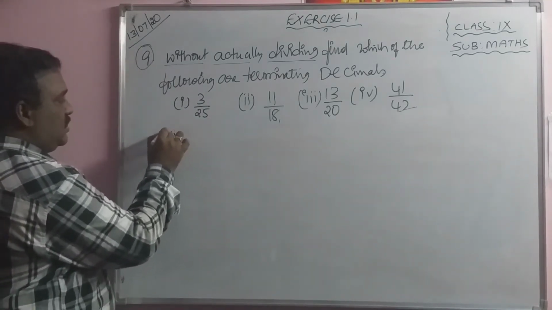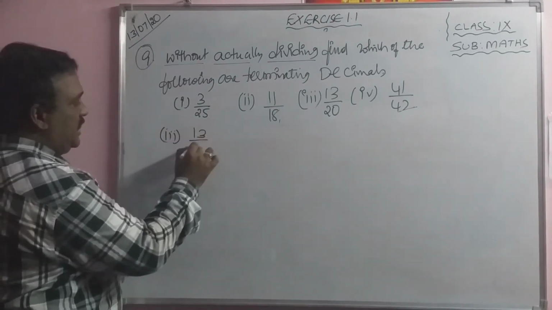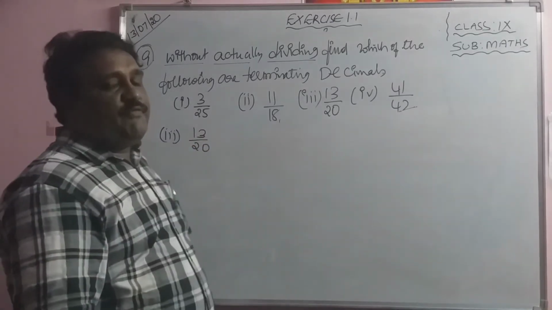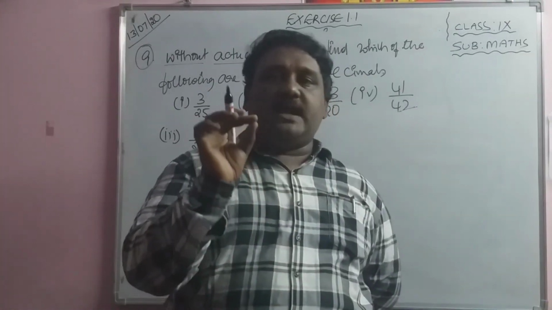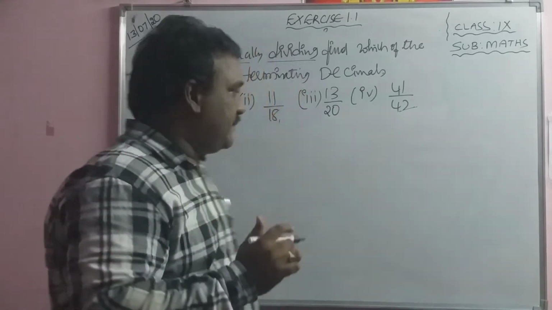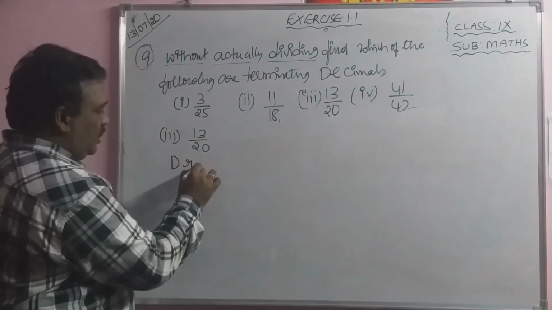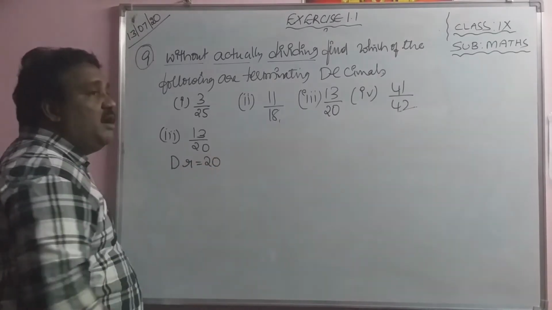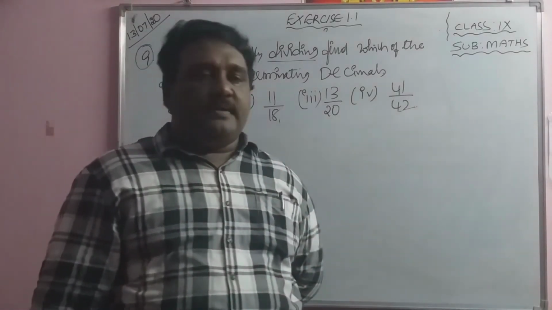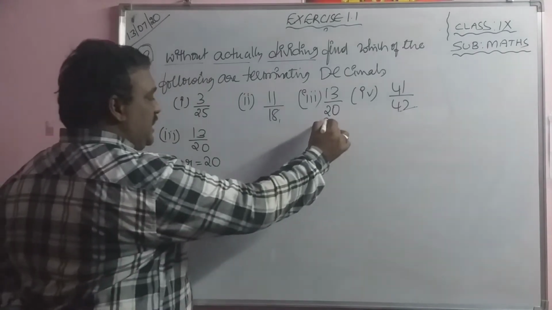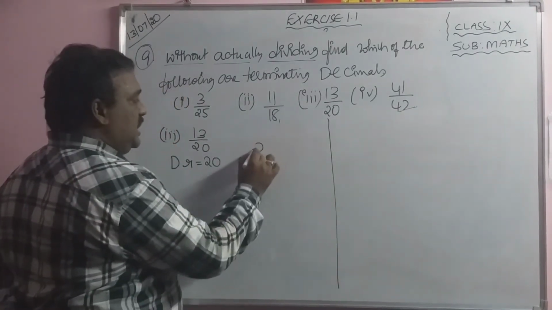Third one, 13 by 20. I want to verify 13 by 20 is terminating decimal or not. So what to do? Let us think about denominator, only denominator. Denominator how much? 20. Do the rough work for denominator 20.